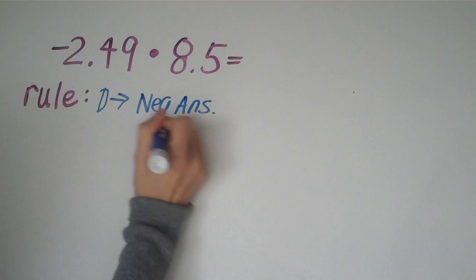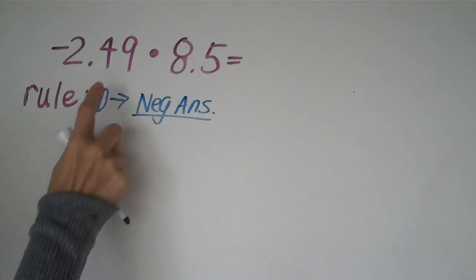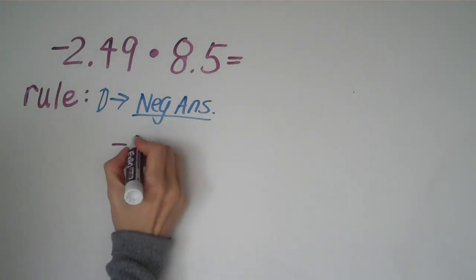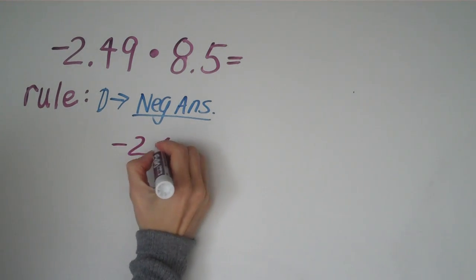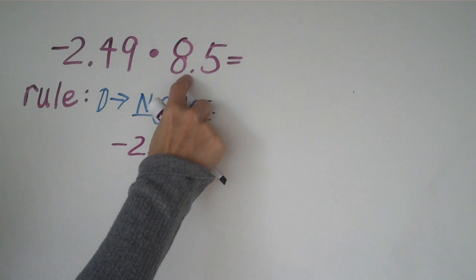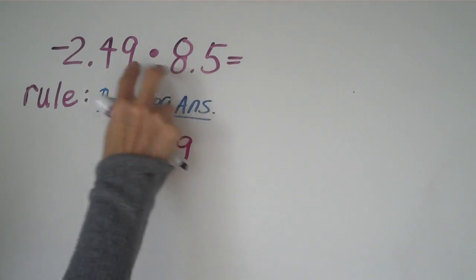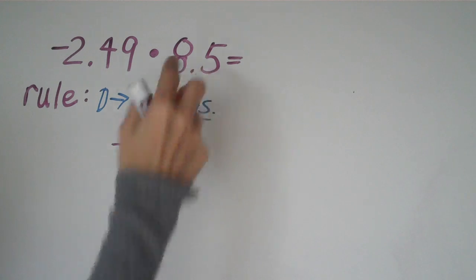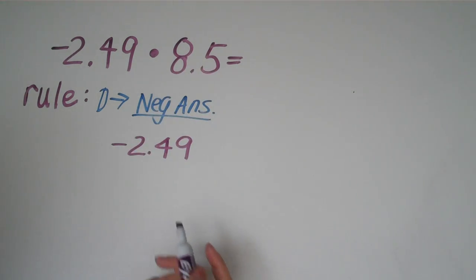Okay, so we know our final answer, negative times a positive, is always a negative. So let's keep that in the back of your mind. We're going to do the multiplication now. So we have negative 2.49. And what we're going to do now is rewrite it so we have one number on top of the other. But we're not going to line up the decimals, okay?